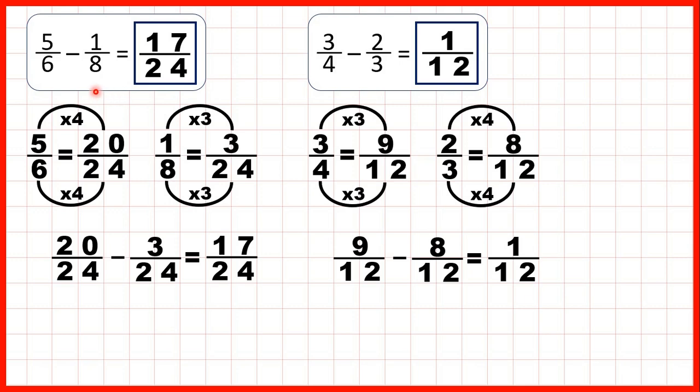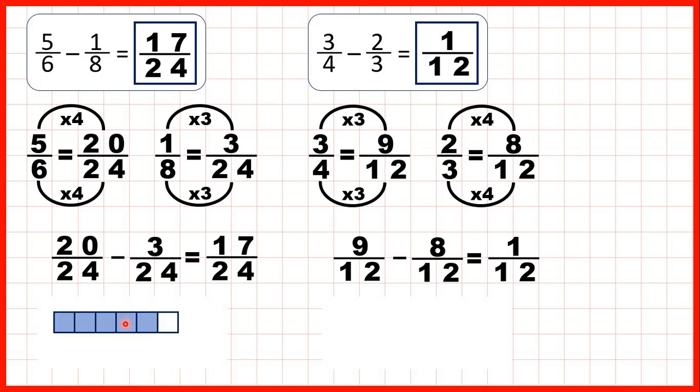Now let's show fraction bars to see what we did here. For this first question, we started with 5/6, but we saw that 5/6 is the same as 20 over 24. Now we were subtracting 1/8, but we saw that 1/8 was the same as 3 over 24.